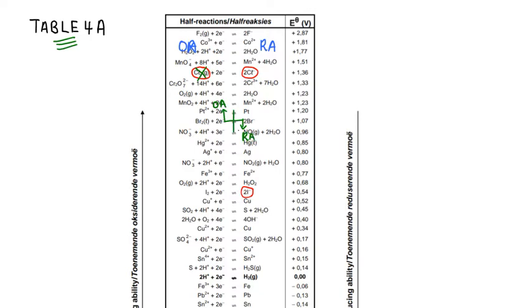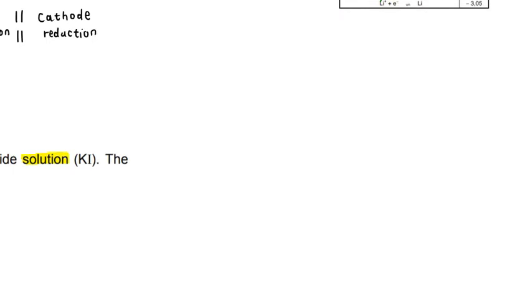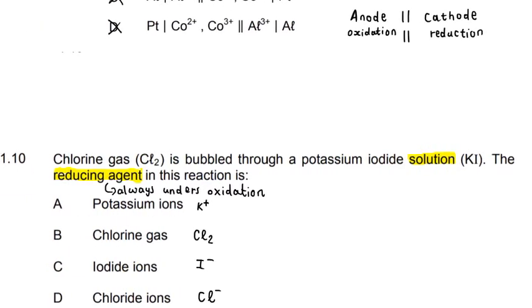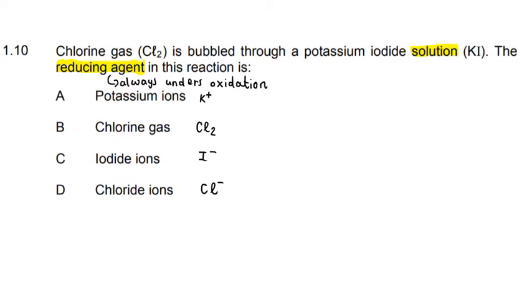You can see it's pointing downwards towards the iodine ions, so that is the one that will undergo the oxidation. Coming back to answer the question, it is simply option C.